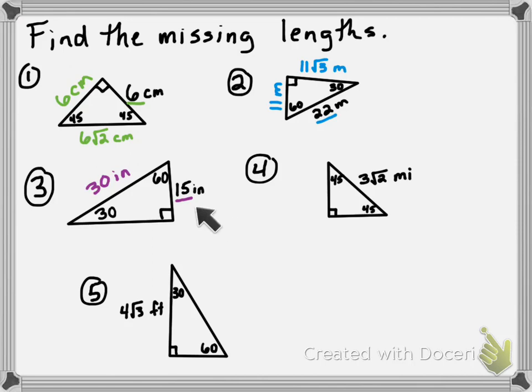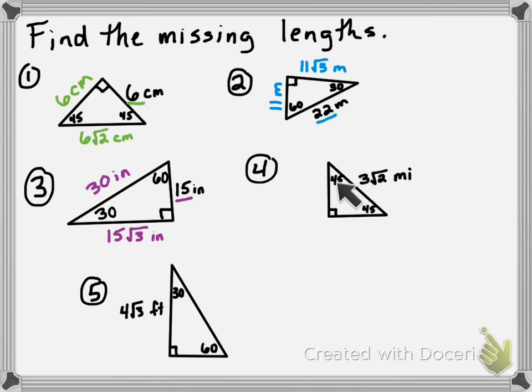And if the short leg is 15, then that means the long leg is 15 times the square root of 3. Okay? Notice the same relationship. This is 11, 11 square root of 3, 11 times 2. This is 15, 15 square root of 3, 15 times 2. Same relationship.